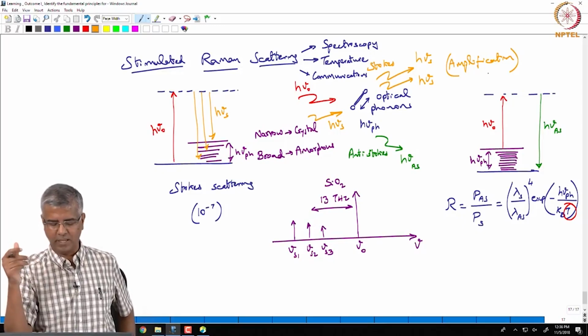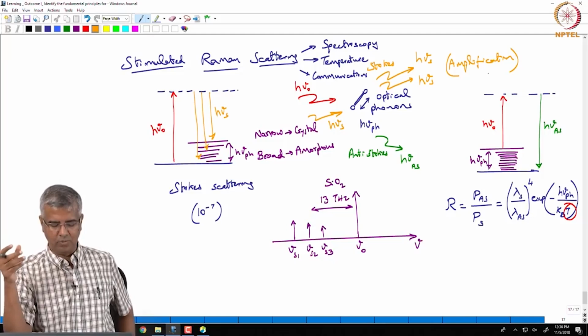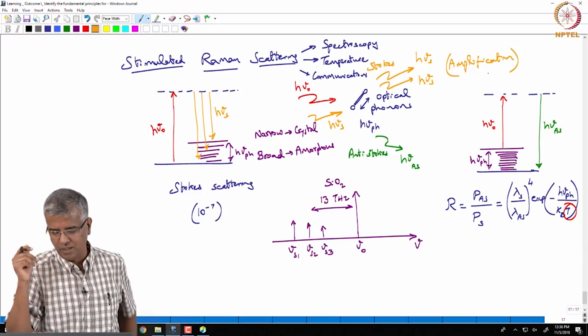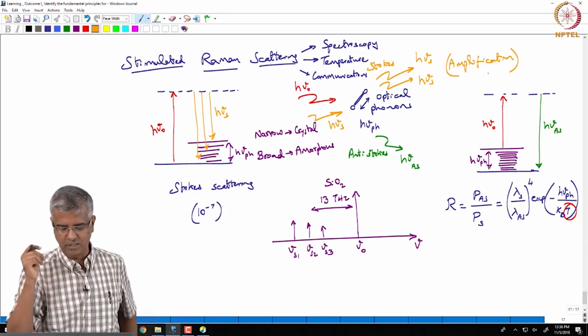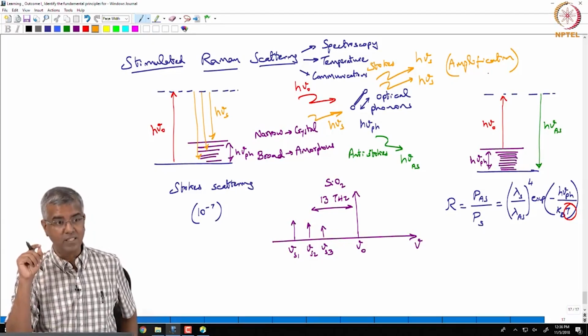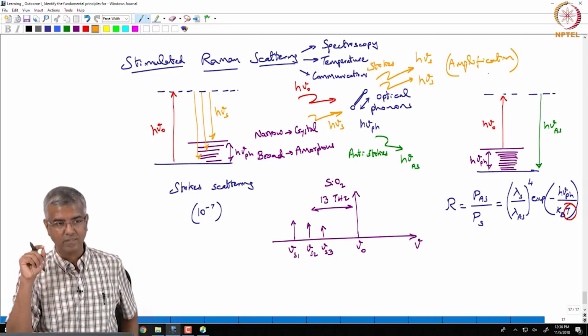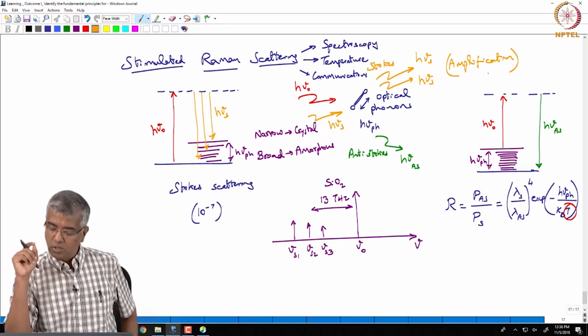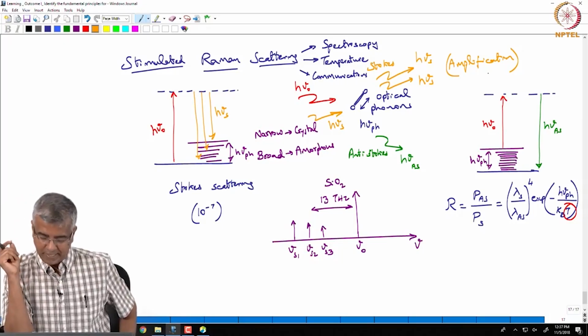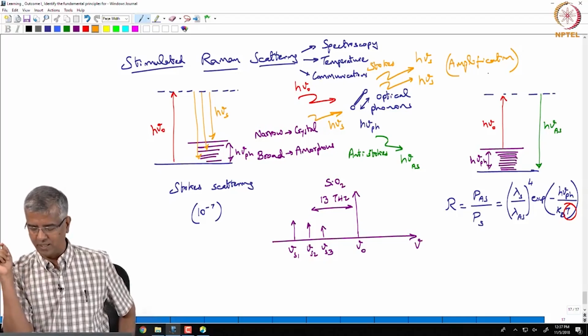So you need a certain number of photons to activate this process. Beyond that threshold only can you have this process happening in a consistent manner. But the key difference is nu(s) can be greater than the incoming. The scattered frequency can be greater than the incoming frequency if you are looking at the anti-Stokes process, which is also a good point.